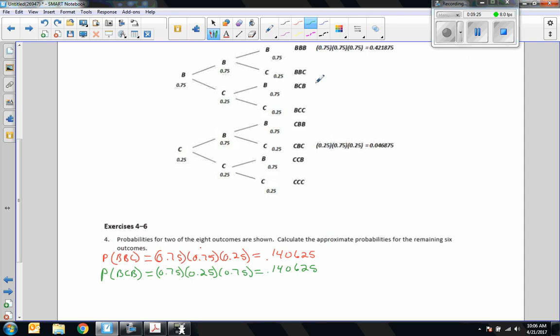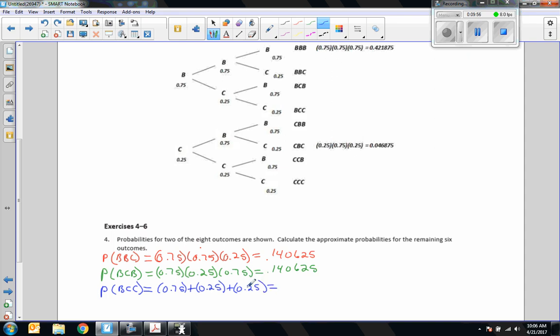So there's BBC and BCB. Now I'm going to do the next one, which is BCC. So the probability of B occurring, and then C occurring, and then C occurring equals the probability of B, which is 0.75, times the probability of C, which is 0.25, times the probability of C again, which is 0.25.